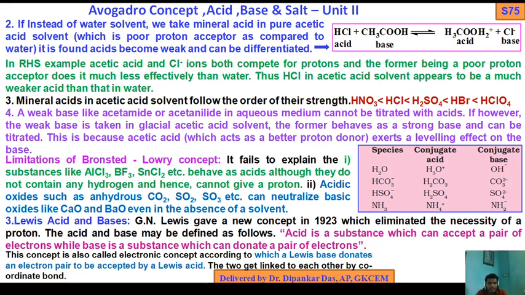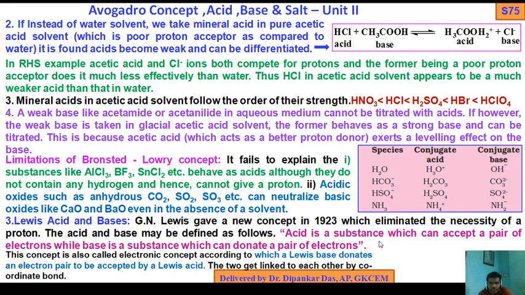The acid and base may be defined as follows. Acid is a substance which can accept a pair of electrons, while base is a substance which can donate a pair of electrons.